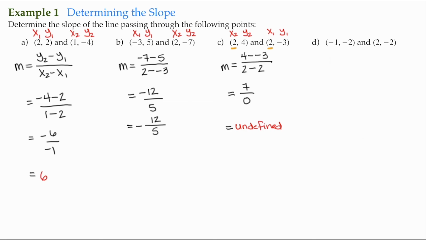So let's try D. We'll say x sub 1, y sub 1, x sub 2, y sub 2. So then m, y sub 2 is negative 2 minus negative 2.